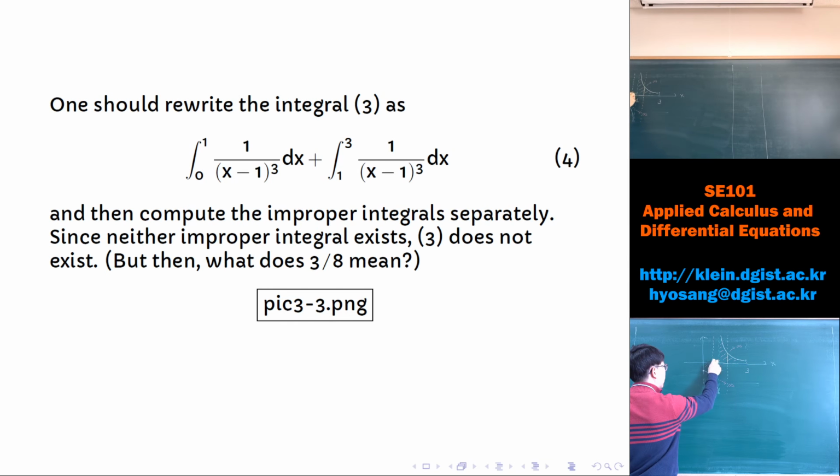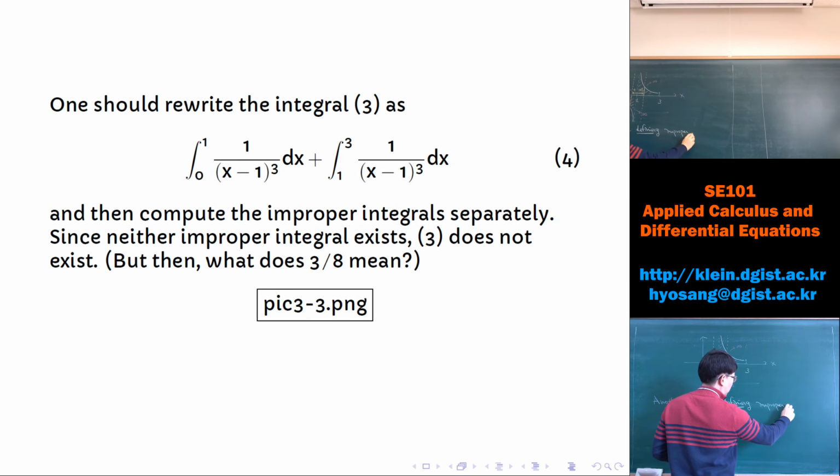So let's say we have 1 minus t to 1 plus t, from here to here. This is just a side note, another way of defining it. So this is simply another definition of improper integral.